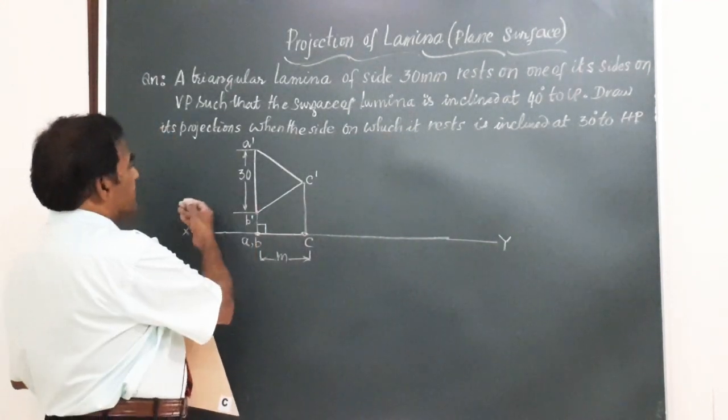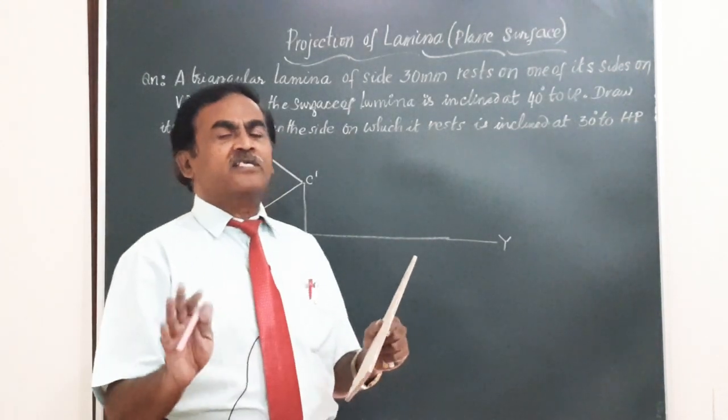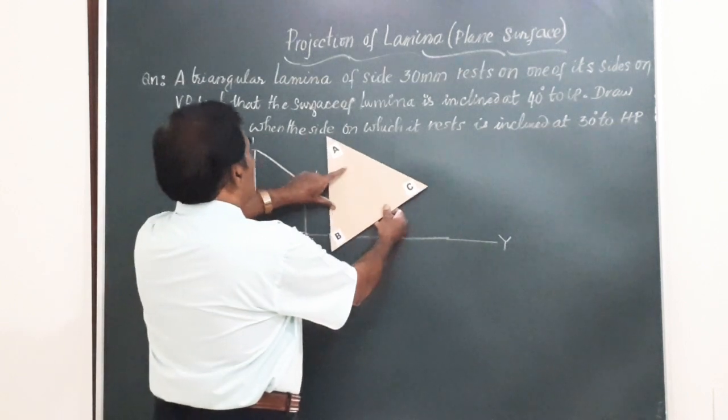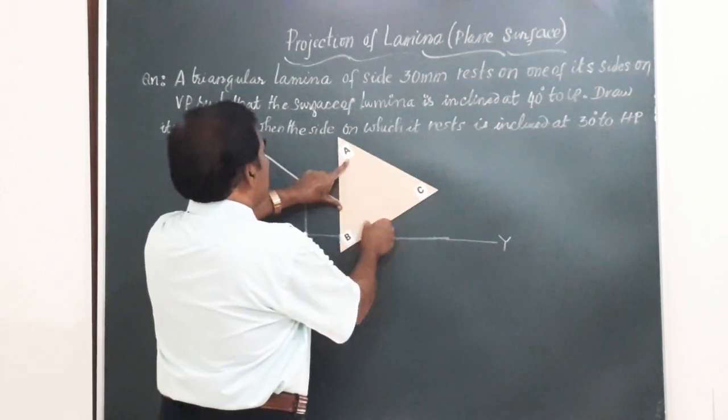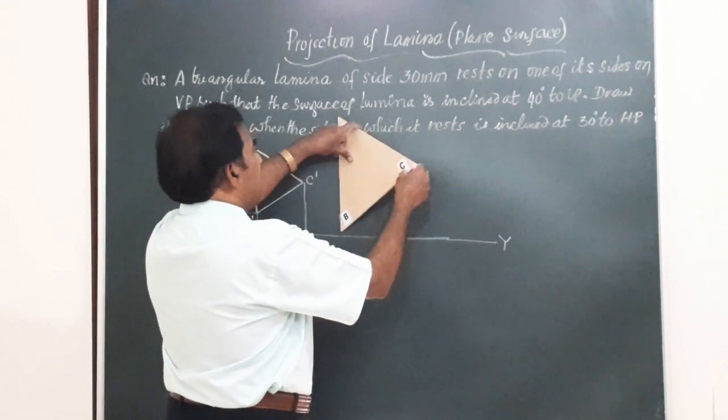This is the front view of the lamina, wherein one of the sides, A dash B dash, is normal to the HP. Friends, now he says the surface of the lamina is inclined to VP at an angle. Remember, whenever the lamina is rotated on this edge AB like this, it is making an angle now.